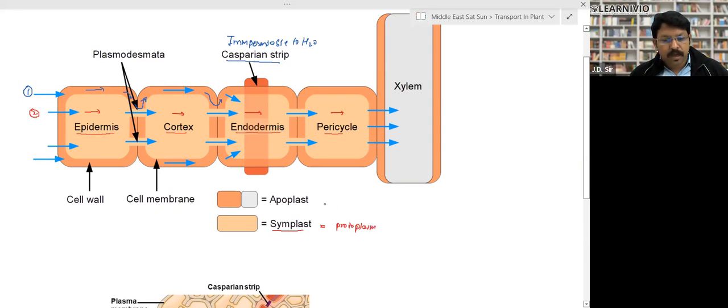This is slow, whereas in the apoplast, the movement of water takes place between the space in the cell wall and plasma membrane. So this is called the symplastic and apoplastic pathway. Clear? Yes, guys, clear symplastic and apoplastic pathway.